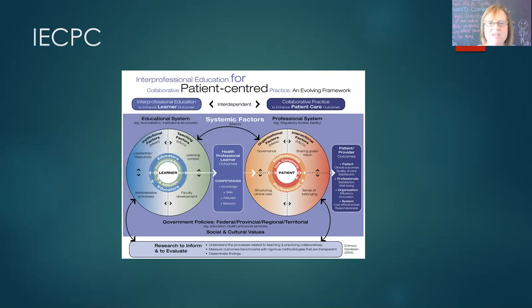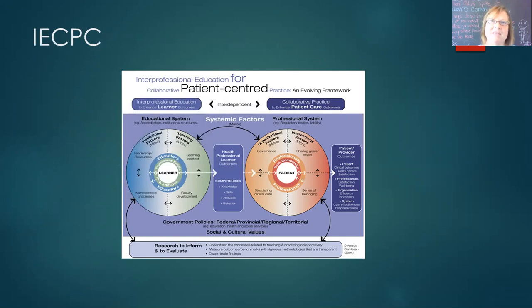Between the educational system and the professional system, what we see are systemic factors. And those systemic factors go back and forth between the two systems. They impact each other, so they move back and forth. We also see that it's important to keep in mind that there are the competencies associated with each of the professions, so knowledge, skill, attitudes, and behavior, government policies, and when you're looking at healthcare that's managed by the federal government, federal or territorial regulations.